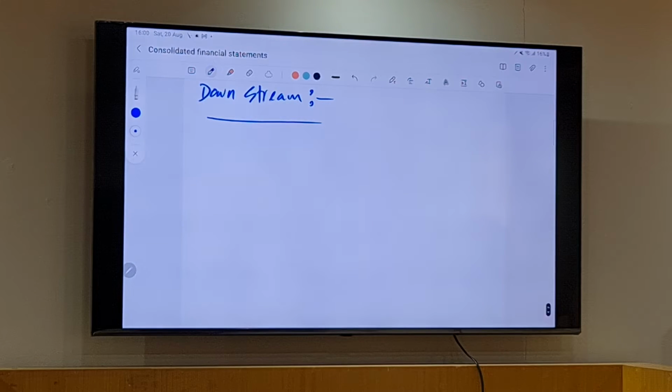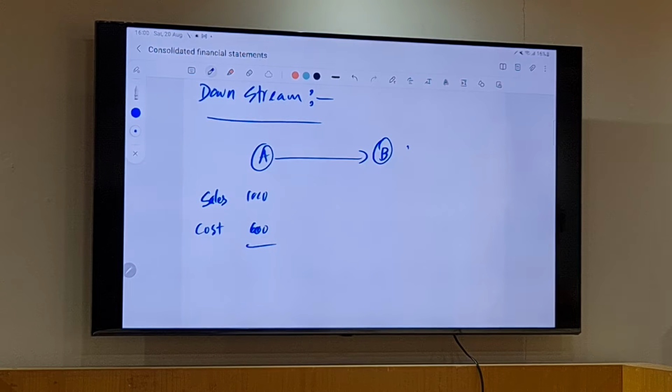Let's say A sells goods to B, sales 1,000, cost 600. So how much is the profit? 400. Profit is 400.